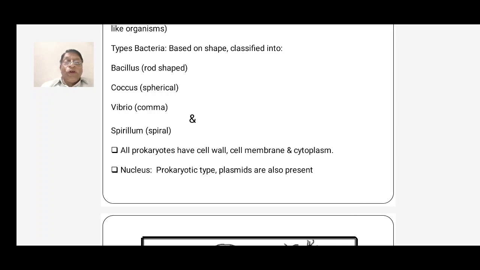So this we call genomic DNA. The chromosome is in circular shape. The bacterial DNA is circular.